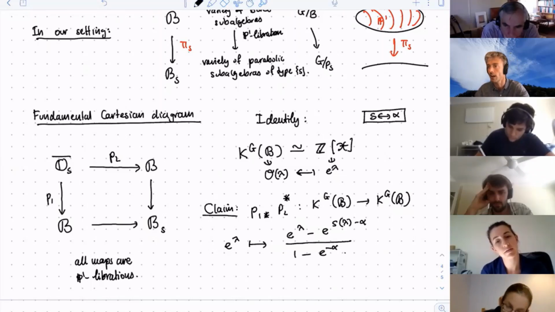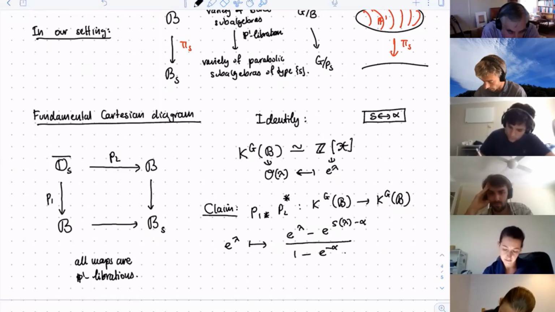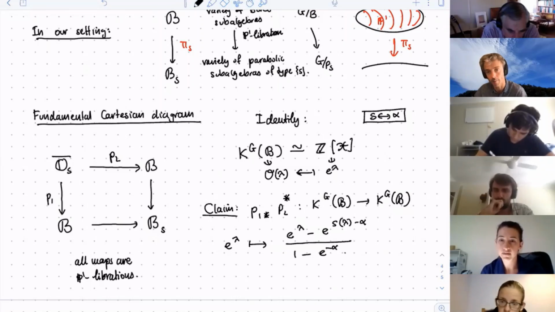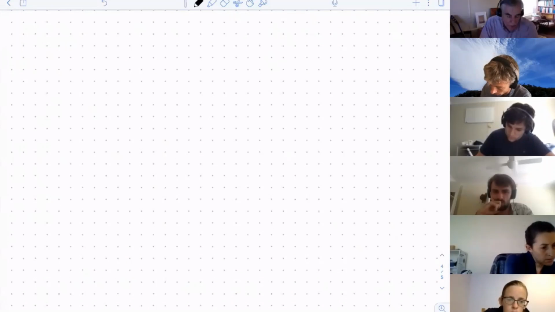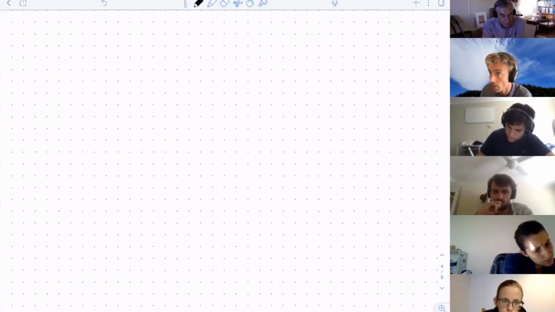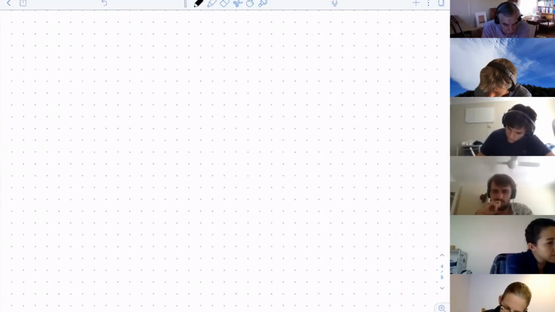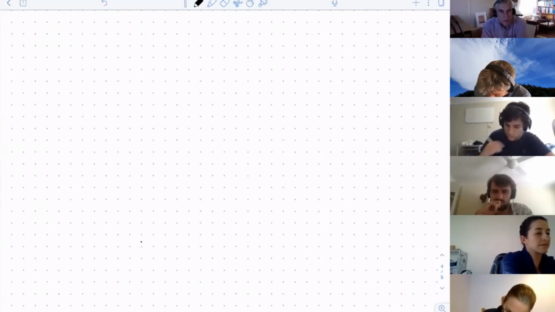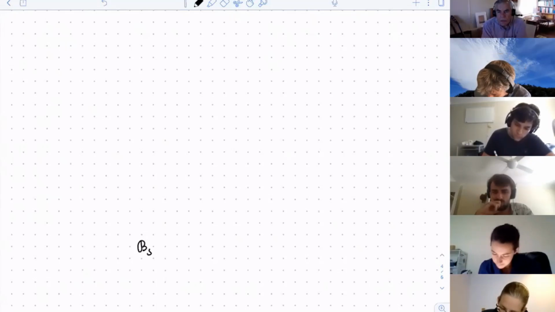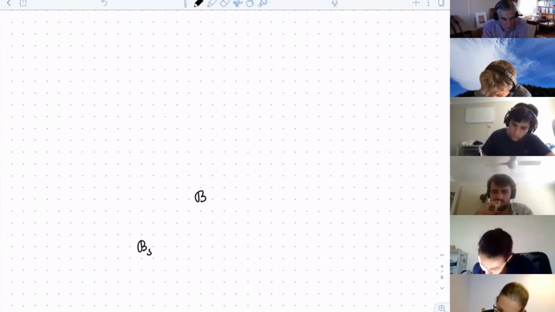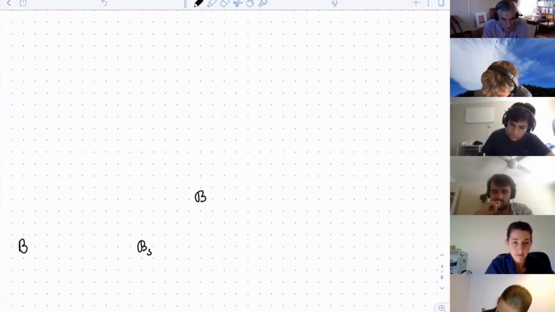Now I want to describe something that's the cotangent version of this fundamental diagram. And this is really nice. So down here we have BS, B, B, and OS.